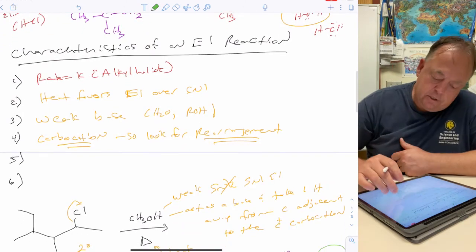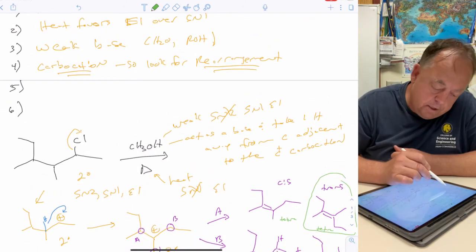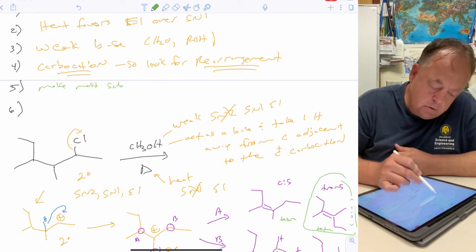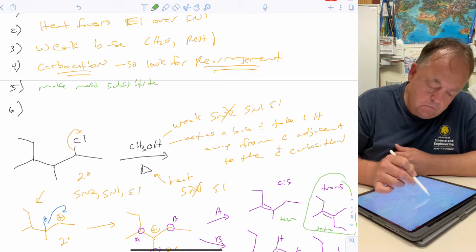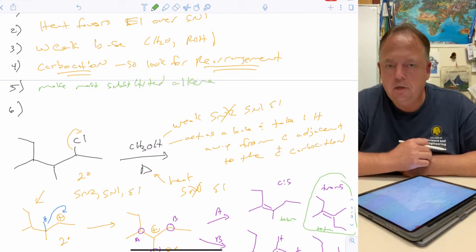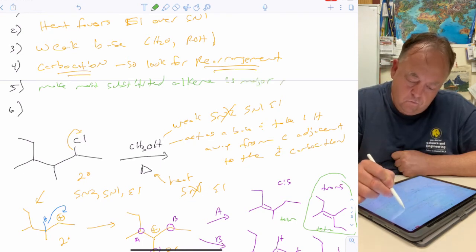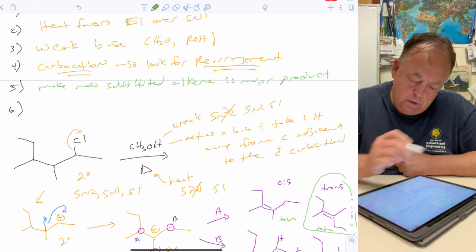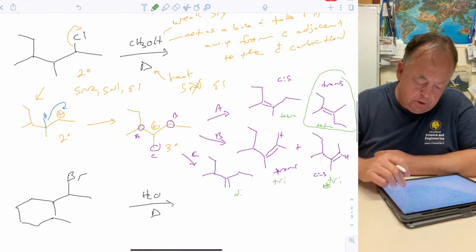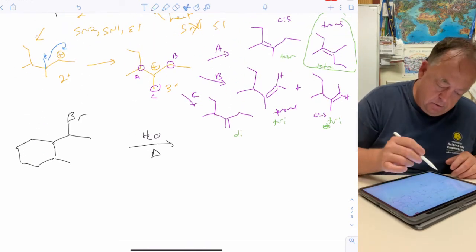Okay, so this is another characteristic of an E1. Is where the product is the most substituted alkene. Is the major product. So the most substituted alkene, let's get this out of the way.